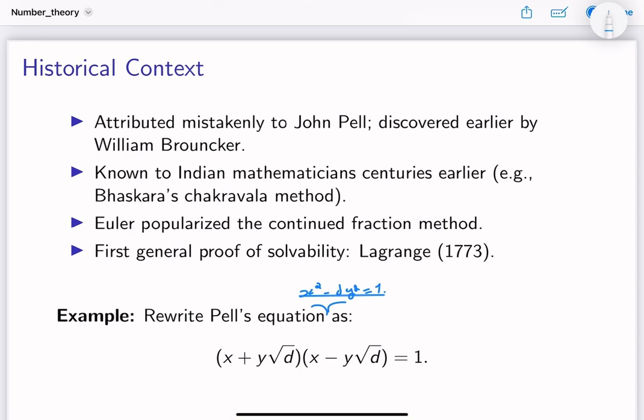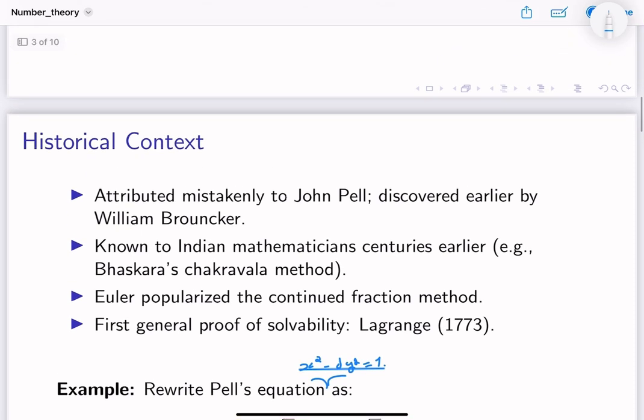Lagrange proved that if you consider the equation x squared minus dy squared equals 1, with d a non-square positive integer, then this equation has infinitely many distinct integer solutions.